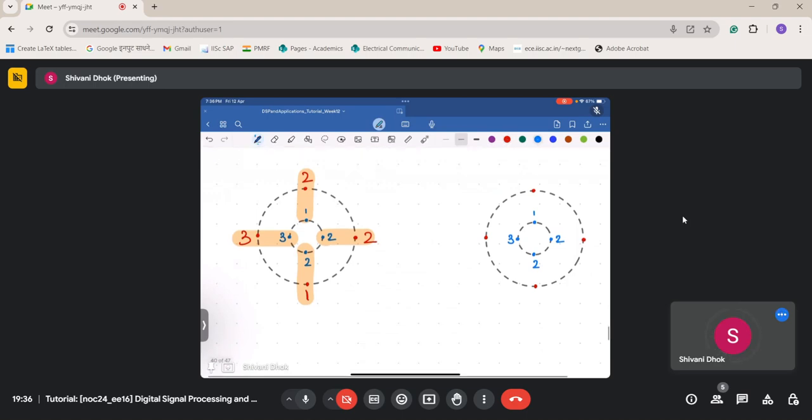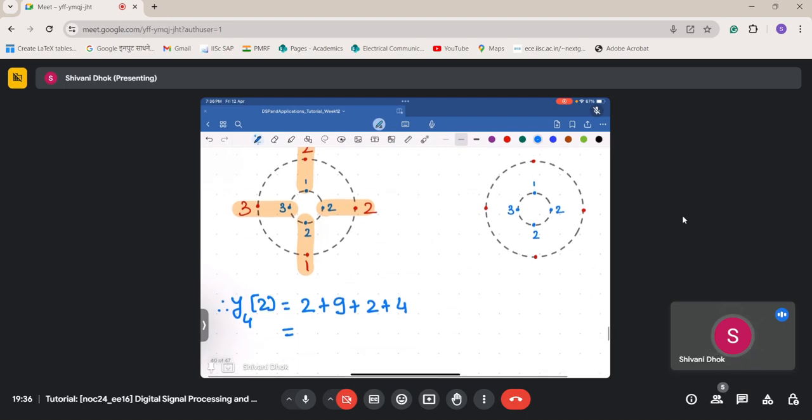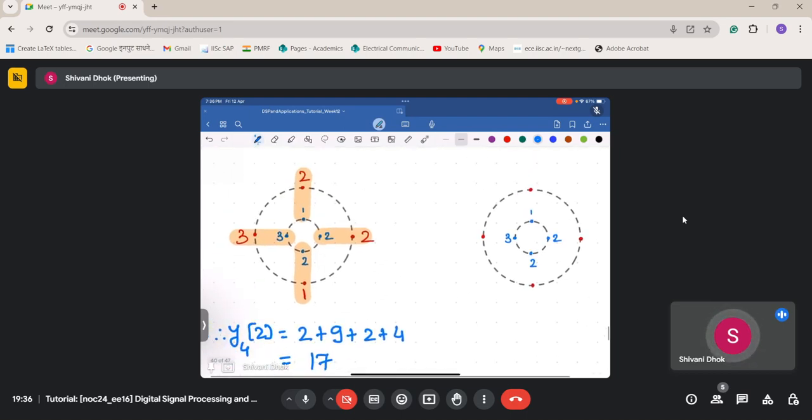And therefore, this y4 of 2 is equal to 2 into 1 plus 3 into 3, 9, plus 2 plus 4. And again, this comes out to be equal to 17. Now this is y4 of 2.